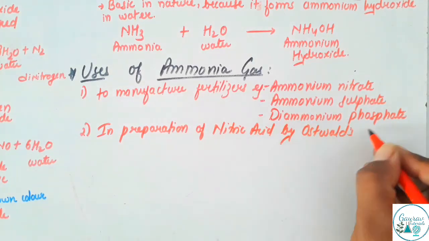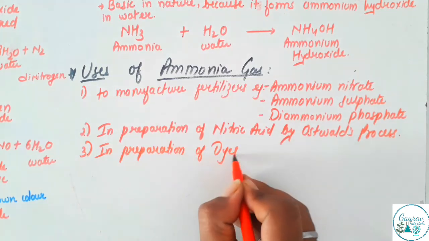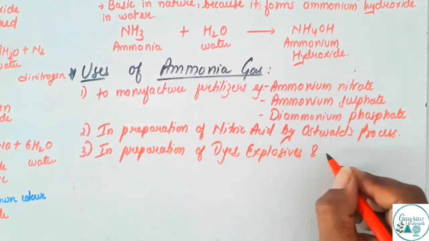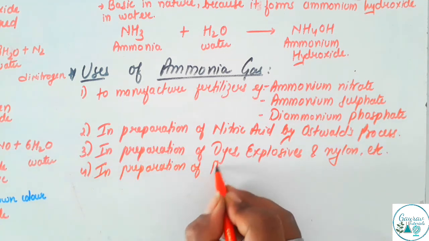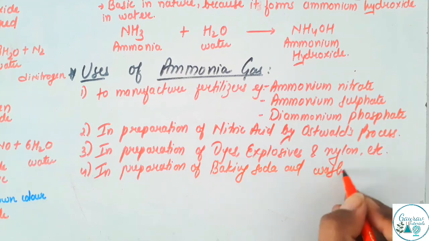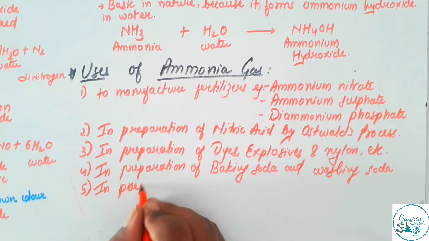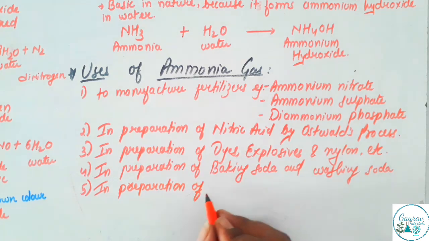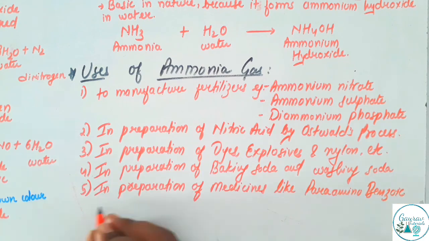It is also used in preparation of nitric acid by Ostwald's process. We just saw that. It is used in preparation of dyes, explosives and nylon, etc. You can also produce baking soda as well as washing soda if you have ammonia with you. Apart from that, ammonia is used in the production of certain medicines like para-aminobenzoic acid and folic acid.